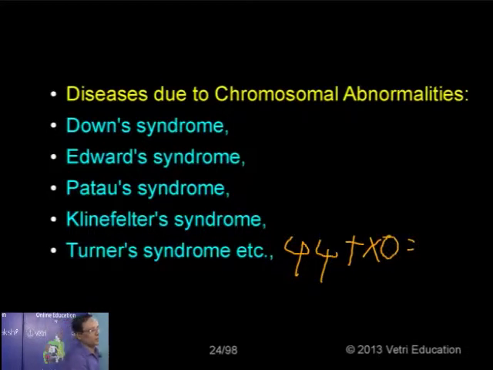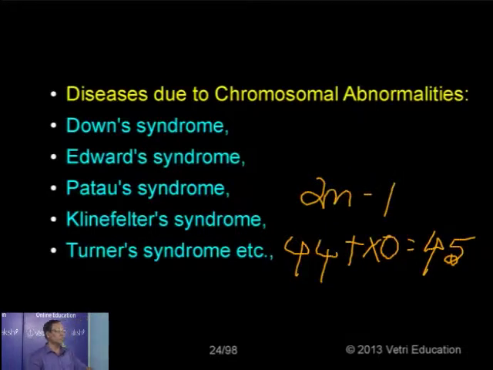So totally they have 45 chromosomes, that is 2n minus 1, one chromosome less. In the previous case, one extra X chromosome is added to a male individual. In the second case, one X chromosome is removed, so that we have 45 chromosomes instead of the normal 46. This condition is called Turner syndrome, common in the case of female, or we can say female with male characters.